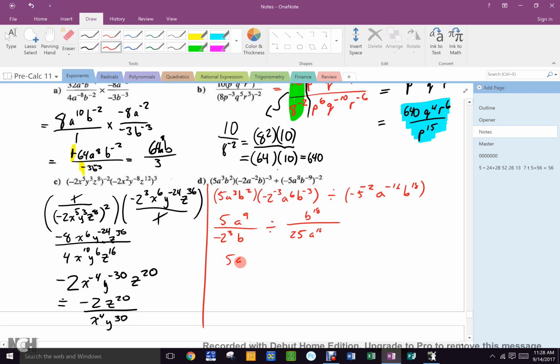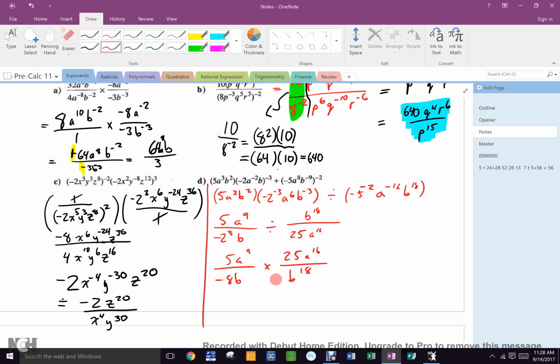So this is still 5a to the 9th over negative 8b. This is times 25a to the 16th over b to the 18th. There we go. Now there's no canceling I can do.